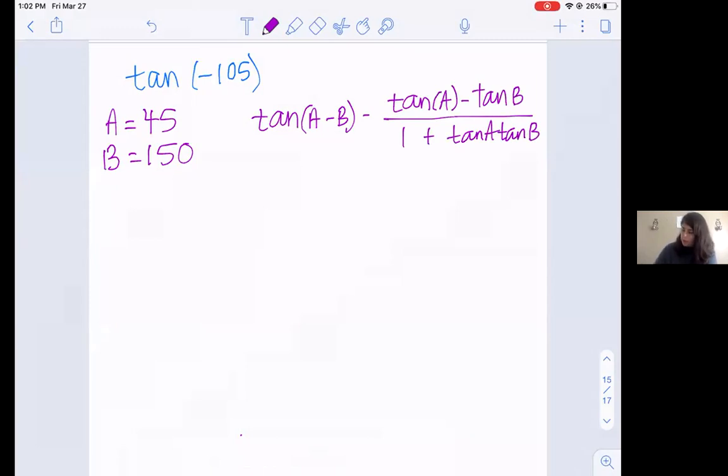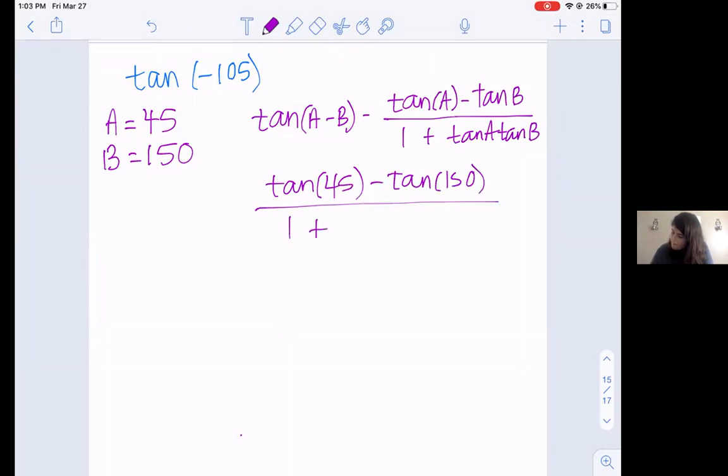I need to evaluate tangent of 45 and tangent of 150.